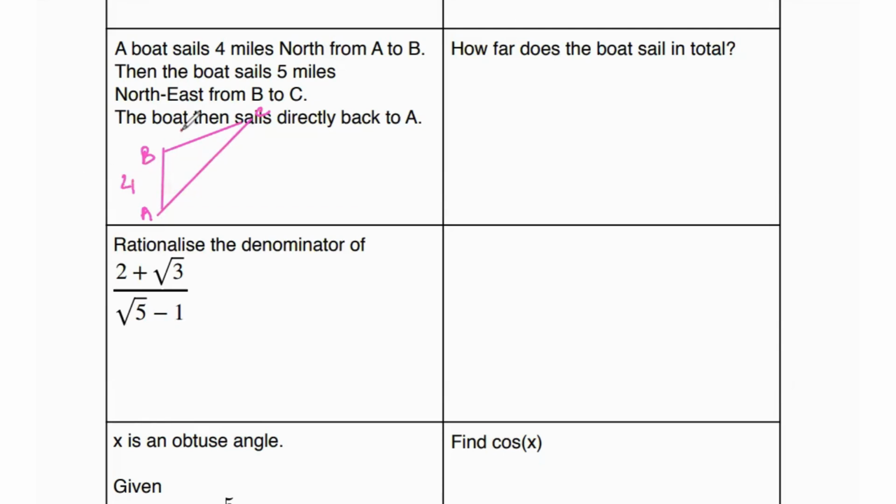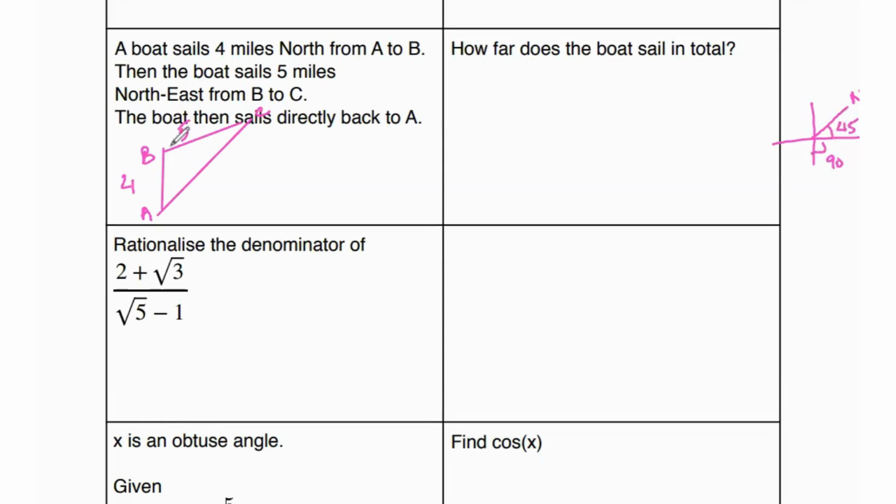This is 4, this is 5, and AC is what we need to find. They haven't given any angles to us. However, since it says that it's going northeast, northeast is right in the middle over here. This is northeast. So this is a 90, and this is going to be half of 90, which is 45.